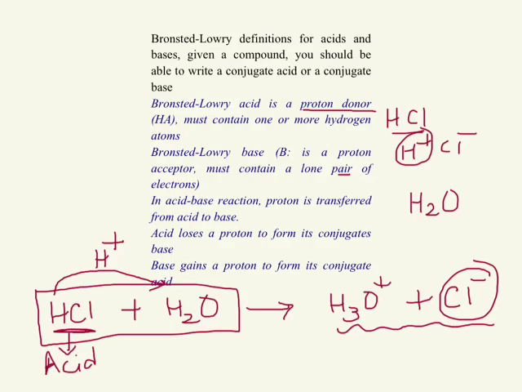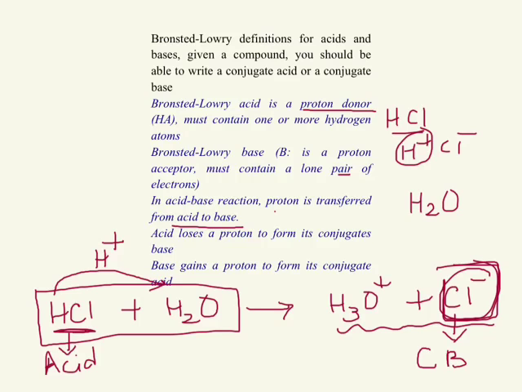Acid, after losing the proton, here HCl losing the proton is forming Cl minus, and this is known as conjugate base. So first thing, acid-base reaction, proton is transferred from acid to base. Acid loses a proton to form its conjugate base.